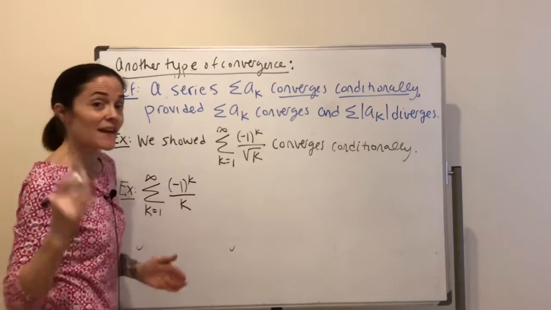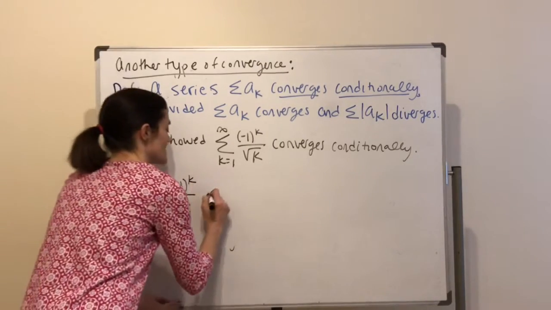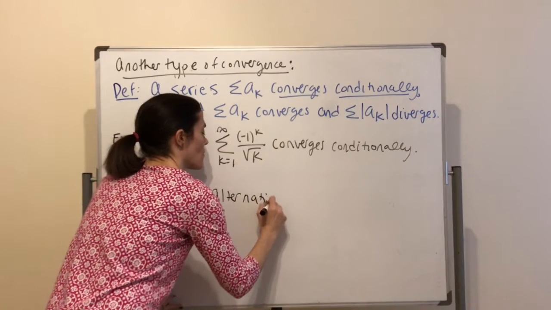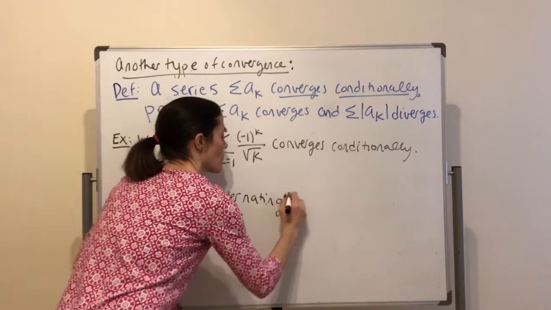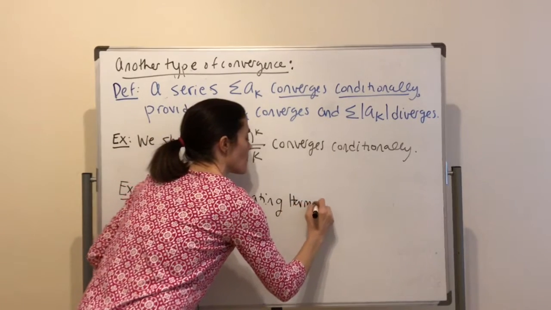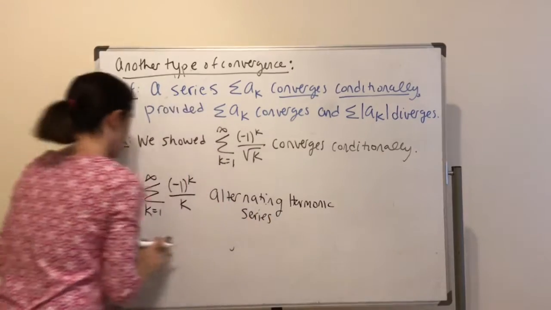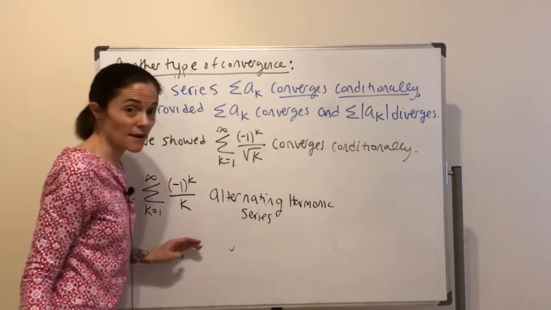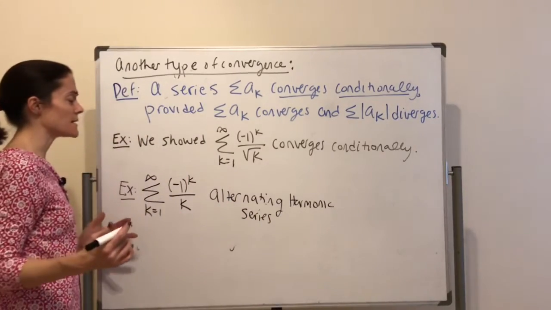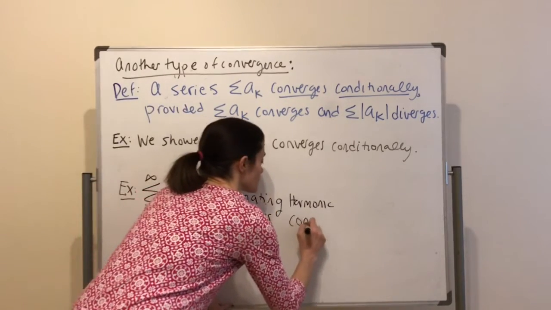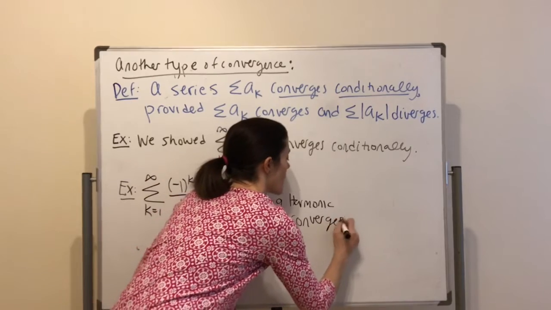This is called the alternating harmonic series. What happens here? Well, just think about it. This will converge conditionally. Let's talk about why.